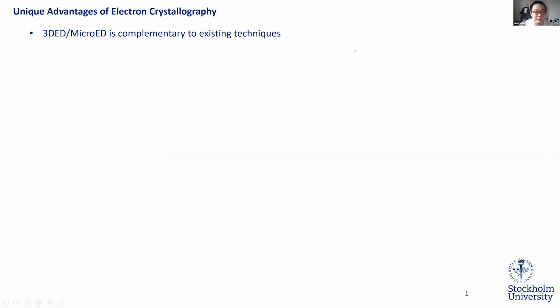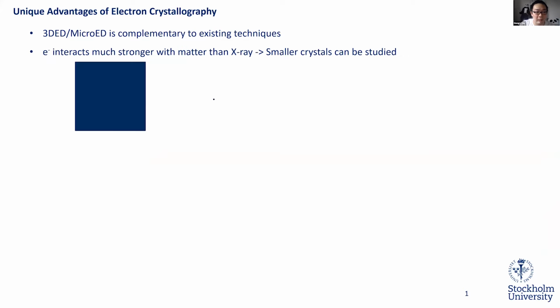Okay, so why do we use electron to do crystallography? Because 3D ED and micro-ED is complementary to existing techniques. A lot of the X-ray software that has been well developed in the past years can be directly used to treat electron diffraction data, and this has helped us to develop this method very rapidly.